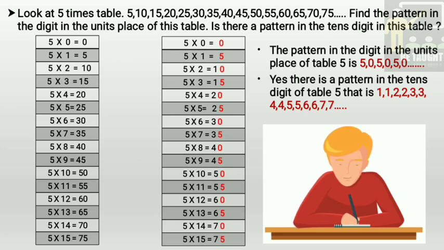And yes, there is a pattern in the tens digit of table 5 also. That is, it is 1 1, again 2 2, 3 3, 4 4, 5 5, 6 6, 7 7, and so on.